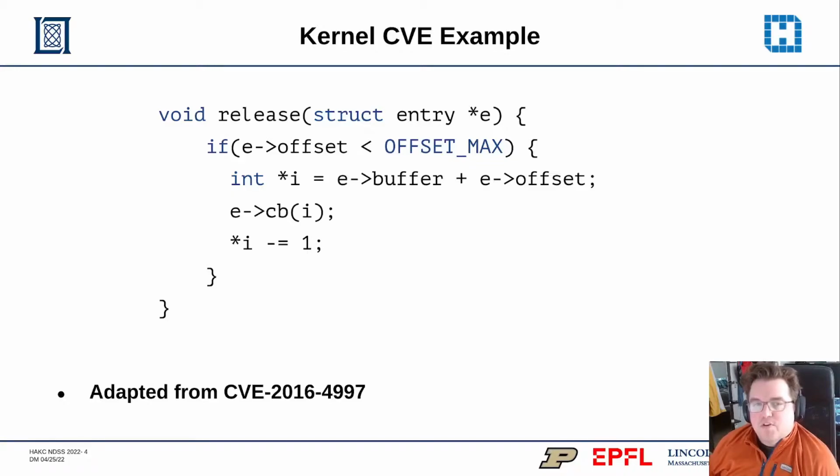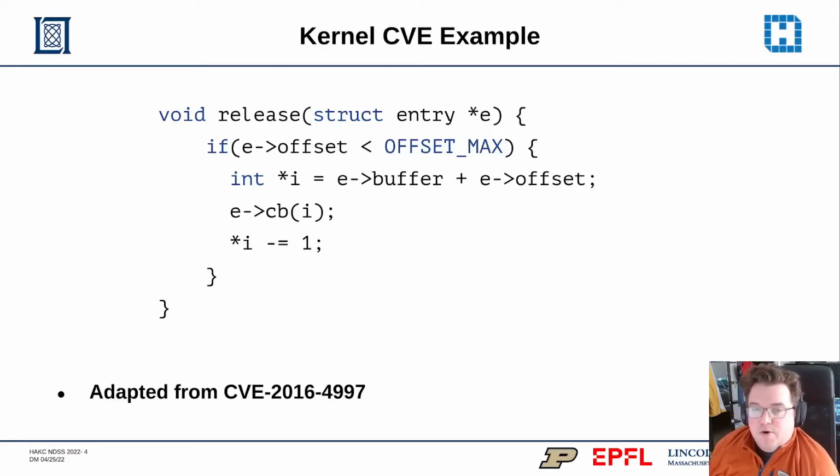One of the members of struct entry is used to store an offset value, and if the offset is lower than offset max, the offset value is used to compute a pointer to an integer. That pointer is given to a callback function, and the underlying integer is decremented by 1 after the callback function returns.